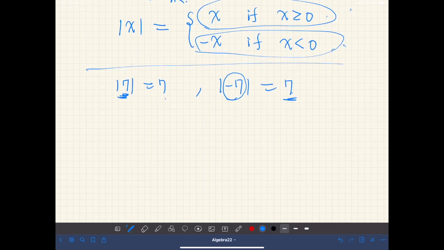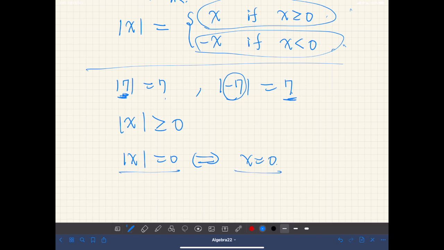So because of this definition, the modulus of x is always non-negative. And you should also try to prove that the modulus of x is 0 if and only if x is equal to 0. Okay, so if this is true, then this is true. If this is true, then this is true. So you have to prove this one.